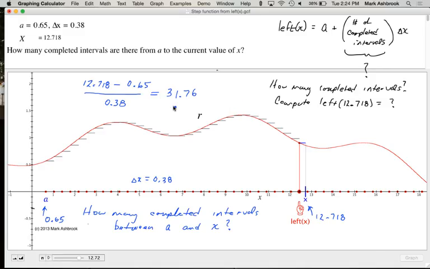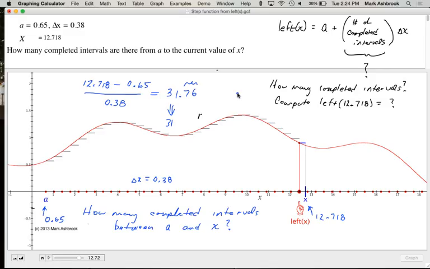So from the 31.76, we want to say there's 31. What's the 0.76 represent? Good, so it's not the distance. It's not an x unit, but it's like the percent. So we've gone 76% into the current interval. We don't care about that. We want to know how many completed intervals there are.